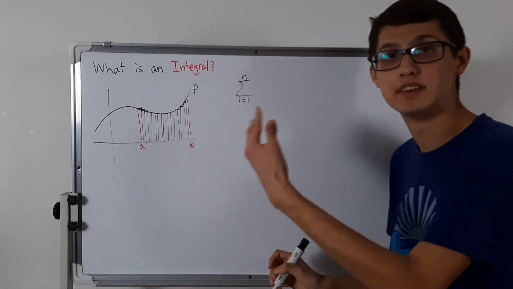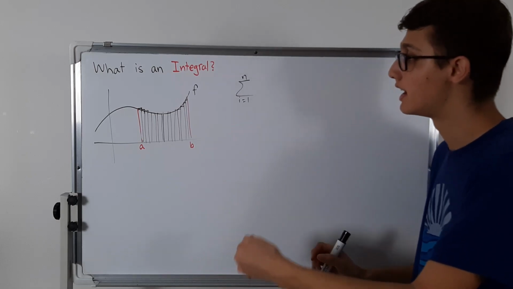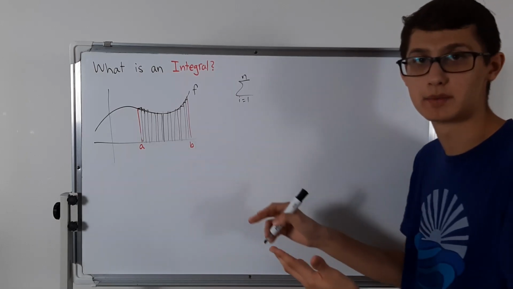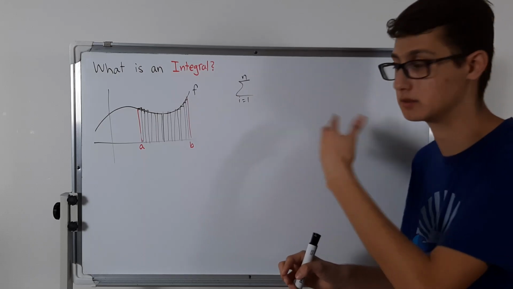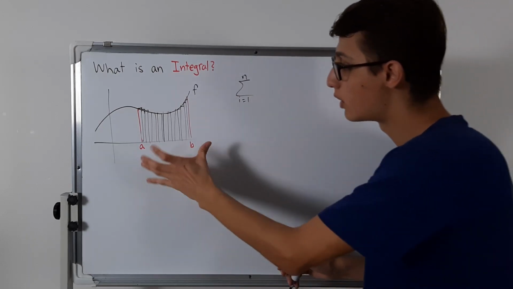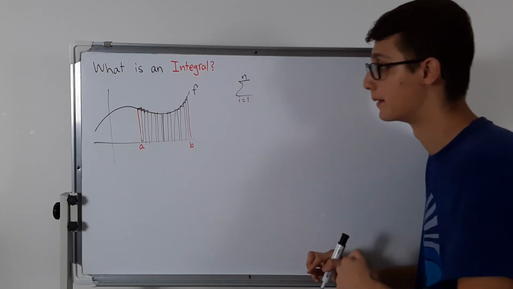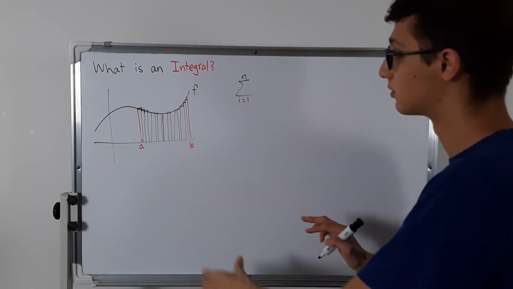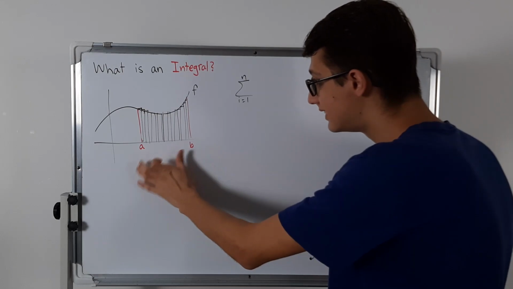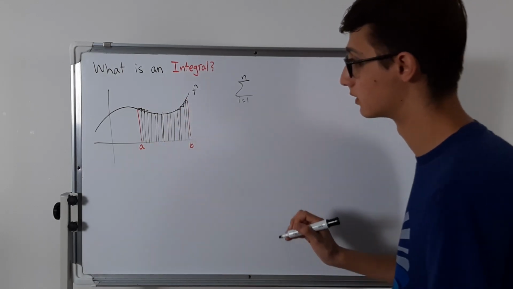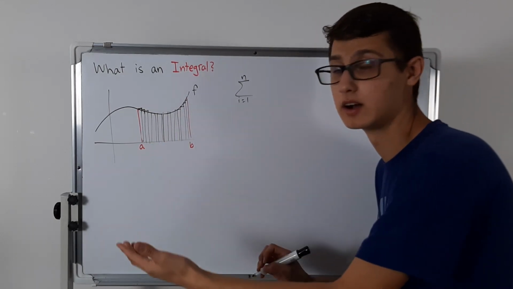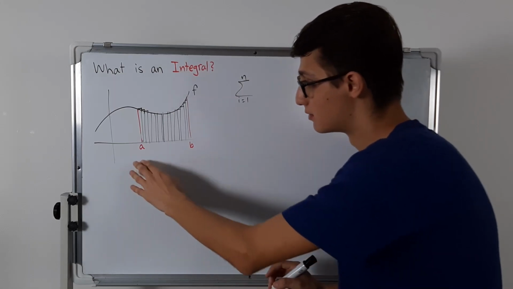And that n is the number of rectangles we have, and we'll talk about what happens to that n as we go on. Right now n is 16, but I'm just going to do this a little more generally, okay? And so first we're going to take the area of each rectangle. Remember when I did that earlier, it was just b minus a times f of a, right?